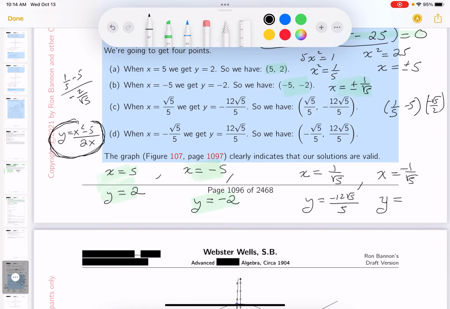And what do you get over there? Minus 24/5 times minus root 5 over 2. And what do you get there? Let's see, minus 12. No, plus 12. What am I saying? Because minus times minus is plus, right? Root 5 over 5. Whoops. I got 2's in my brain.